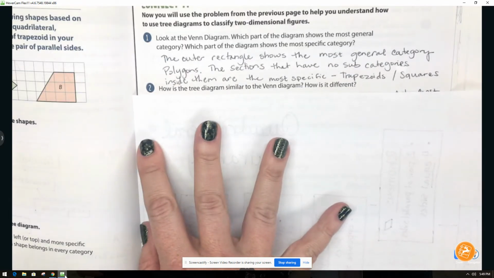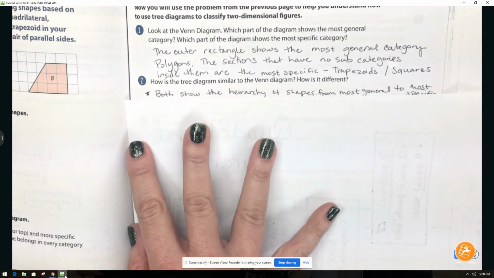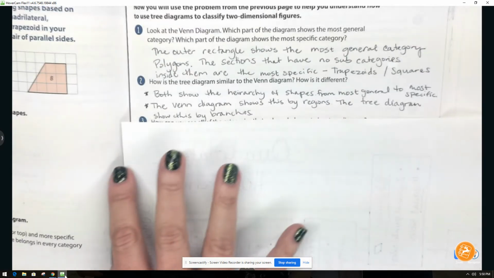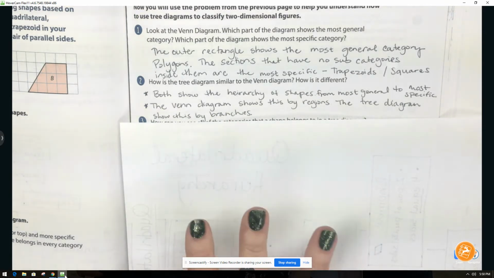How is a tree diagram similar to the Venn diagram? How is it different? So both show the hierarchy of shapes from the most general to the most specific. A Venn diagram starts with the biggest shape and goes to the smallest shape. A tree diagram starts either at the top and goes down, or starts at the left and goes to the right.